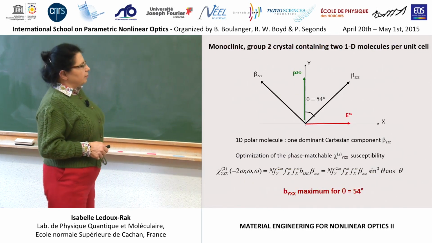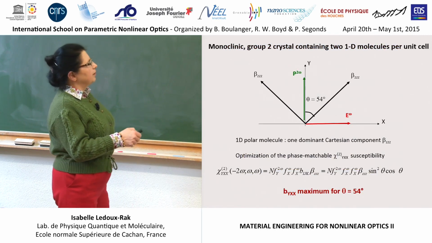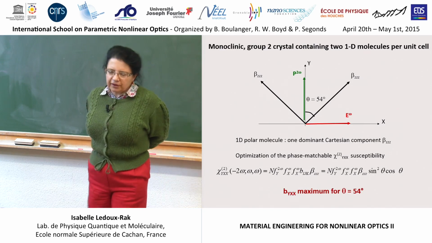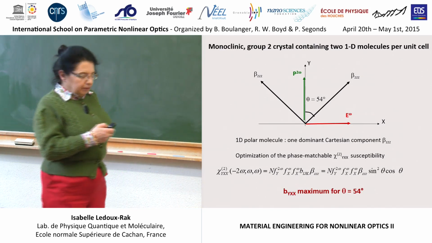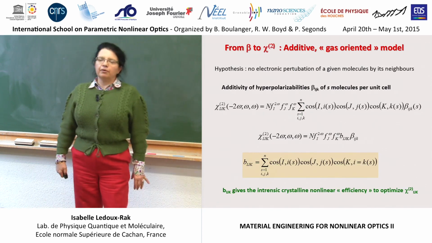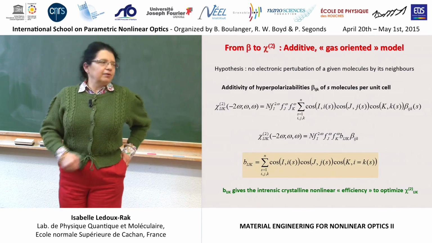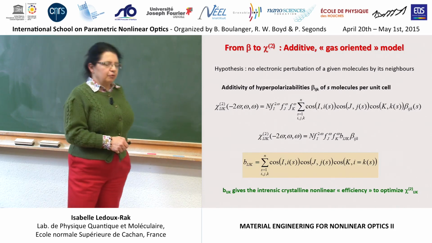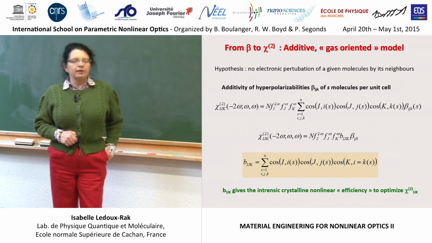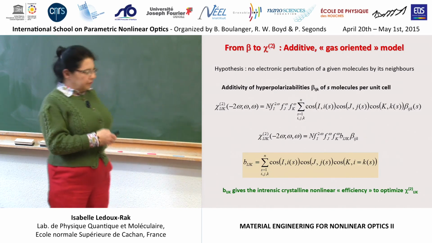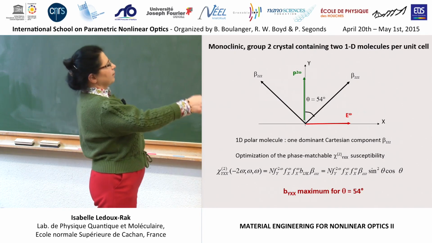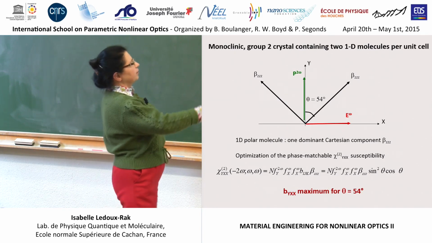And this is an example for a monoclinic crystal. You have seen in Benoît Boulanger's talk that this B factor, or the equivalent, depends on the symmetry of the crystal, and we expect that the B factor is maximal for the lowest symmetry crystalline structure. So here it's only an example to illustrate the way to calculate B in a particular case.